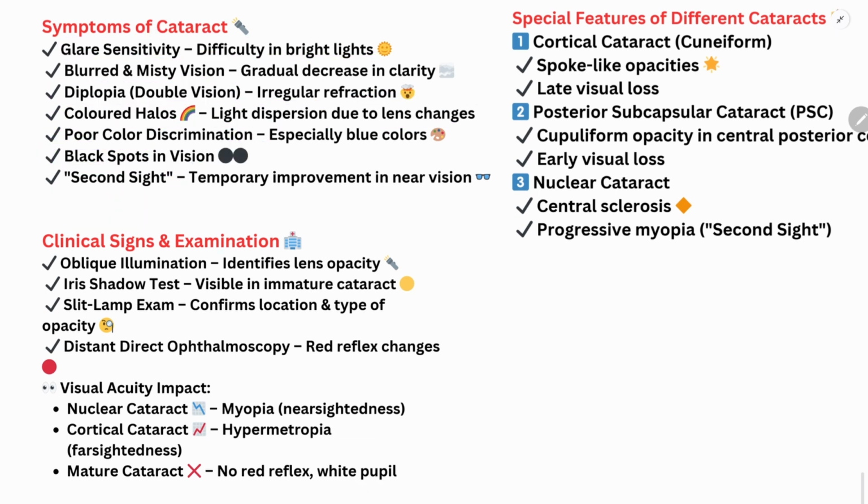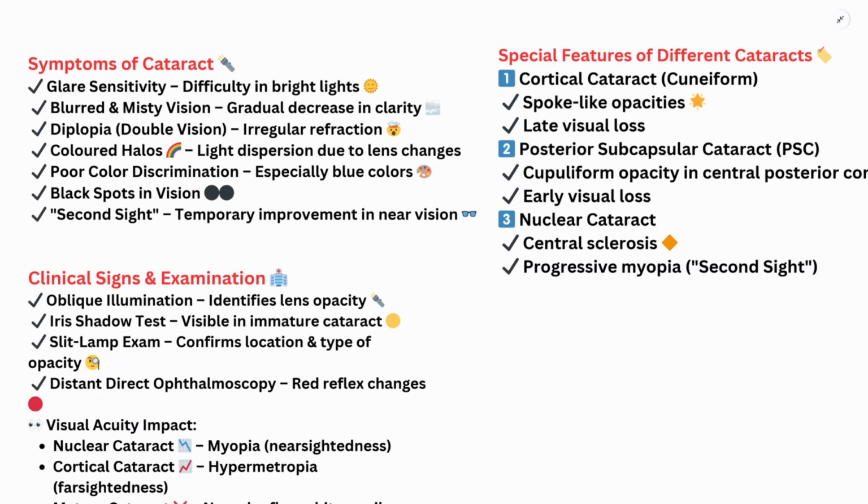The clinical signs and examinations are oblique illumination, useful for lens opacities, iris shadow test, slit lamp examination and distant direct ophthalmoscopy. Visual acuity impact is seen in nuclear cataract, which leads to myopia. Cortical cataract leads to hypermetropia, and in mature cataract you will see no red reflex or a white pupil.